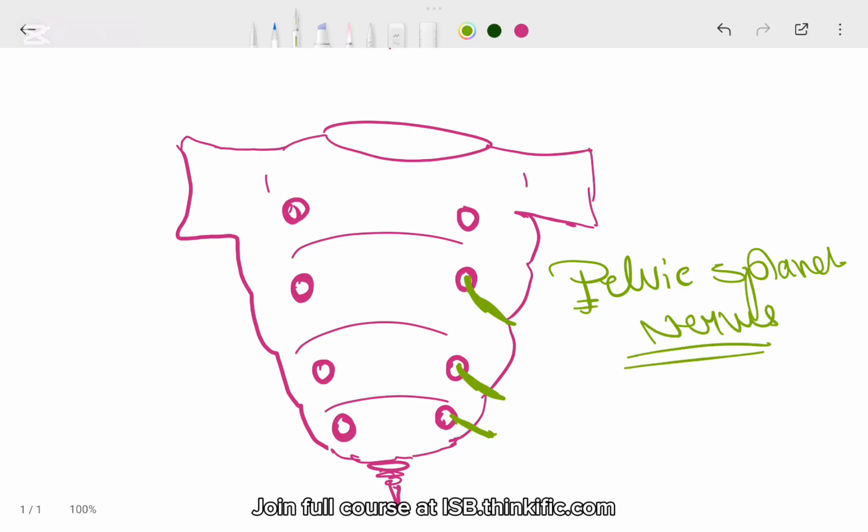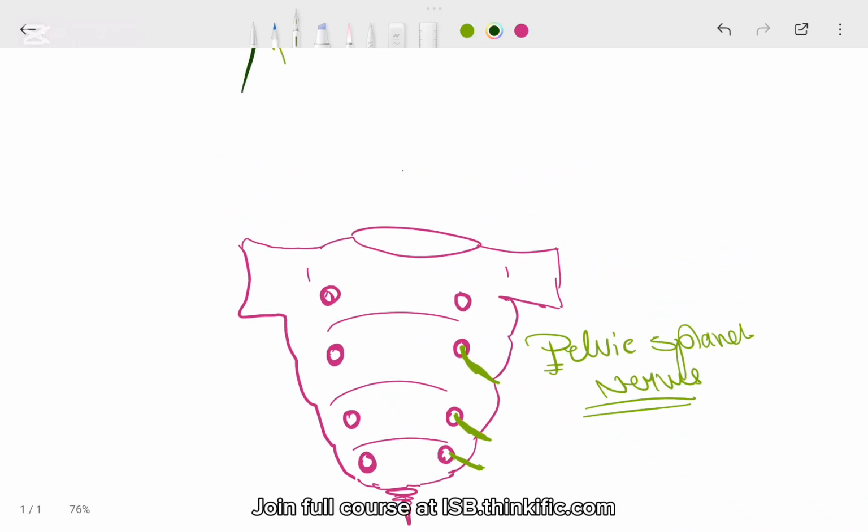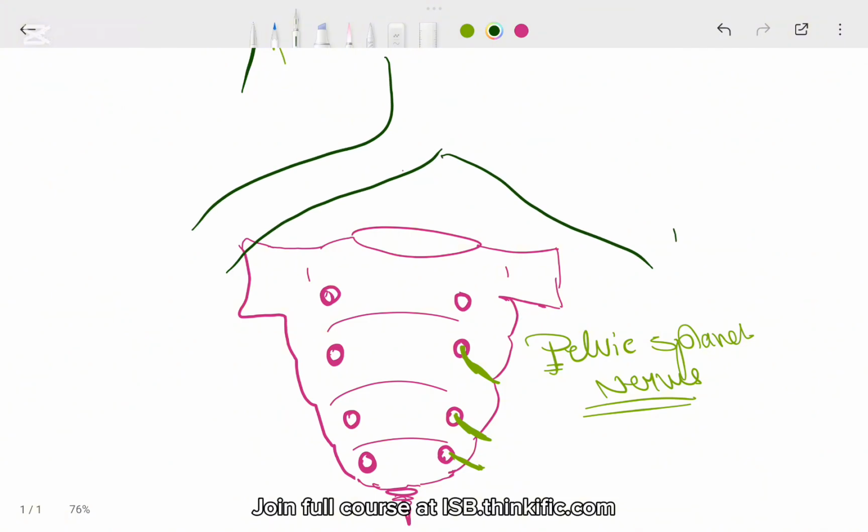Pelvic, P for parasympathetic. Sacral splanchnic nerve, S for sympathetic, right? So that you don't confuse them. These pelvic splanchnic nerves, as I told you, they join what kind of situation? This is the aorta, above, bifurcating into right and left common iliac arteries. And we said that there's a continuation from the prevertebral plexus down, becomes the superior hypogastric plexus.